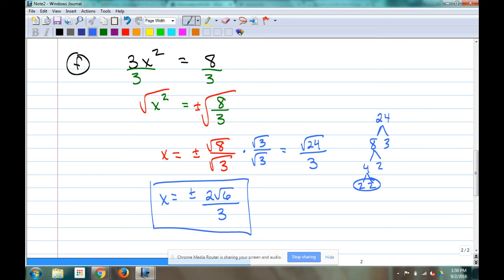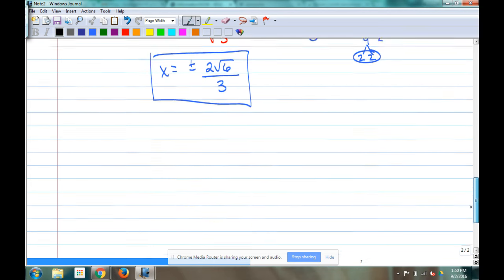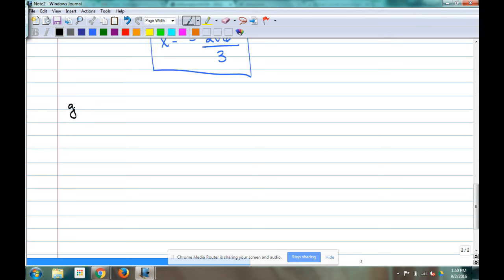All right. Let's look at the next level. Let's put a fraction in the problem like on the left side. Maybe we got 2/3 x squared is equal to, I don't know, 17.